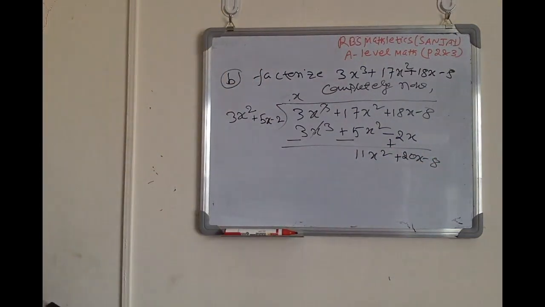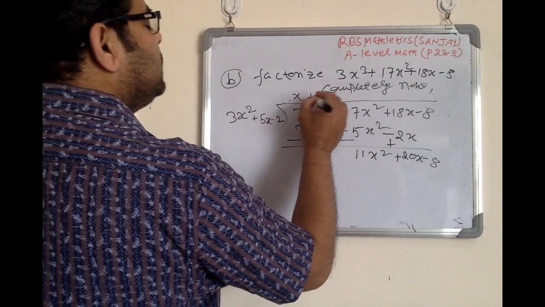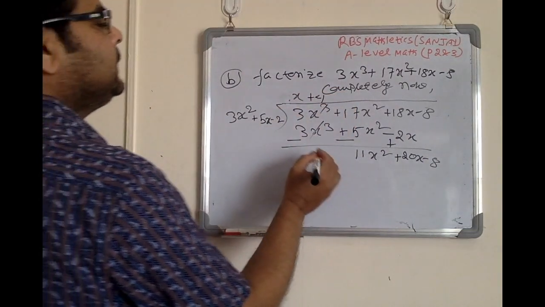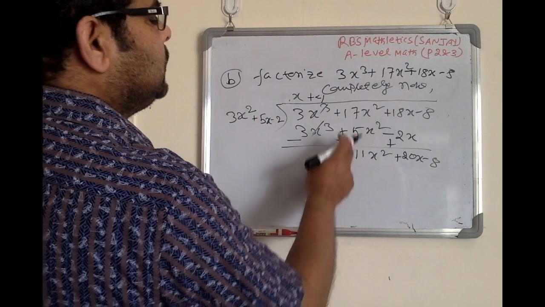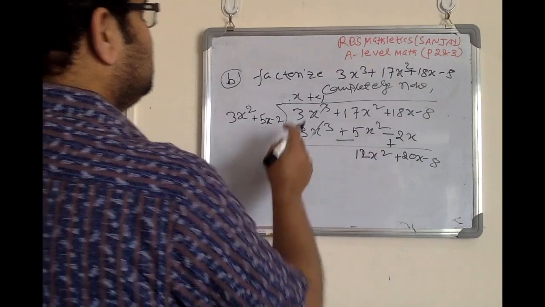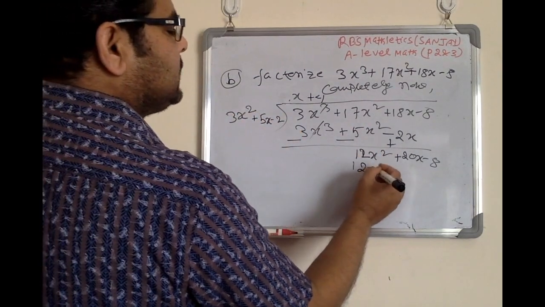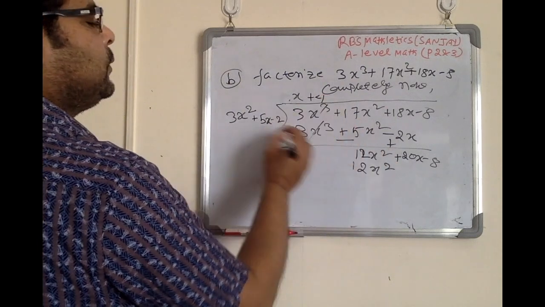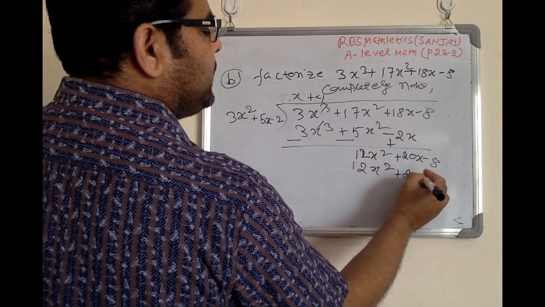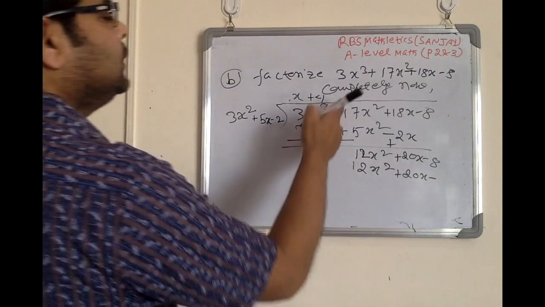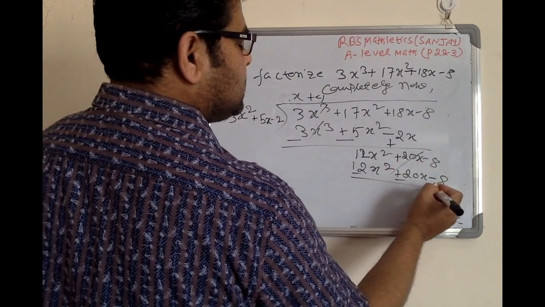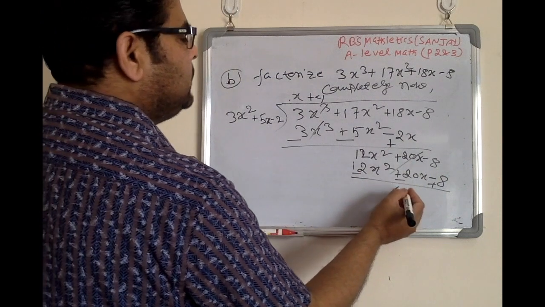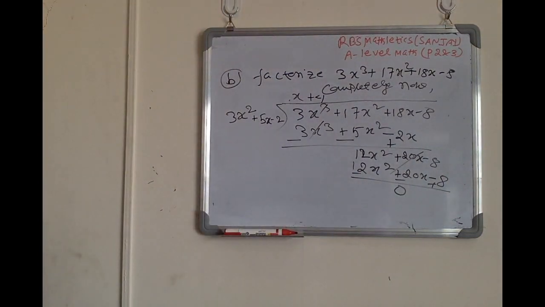Now we try with 4. So 4 times 3 is 12x squared, and 4 times 5 is 20x, minus 4 times 2 is 8, minus plus, so these terms are cancelled, leaving no remainder.